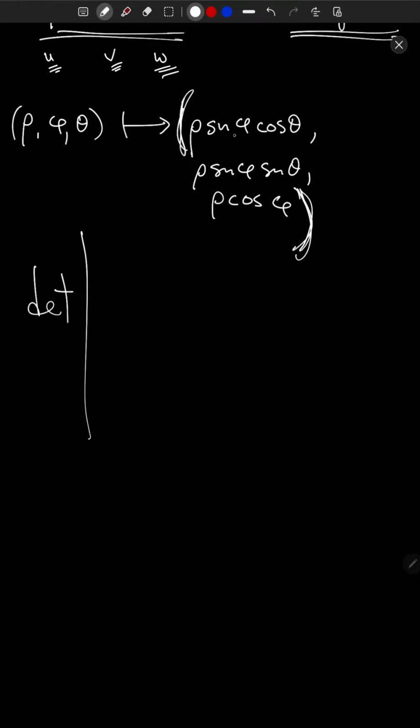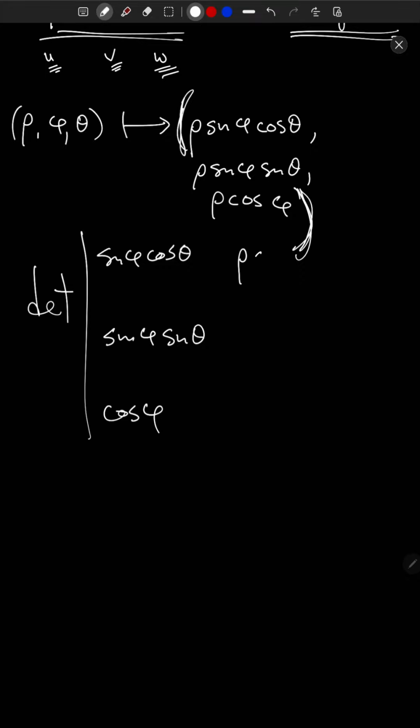The first column is the derivative of each of these with respect to rho: sine phi cos theta, sine phi sine theta, and cosine of phi. Probably a good idea actually to just pause right now and do it yourself and see if we get the same answers. It's probably more helpful for you, but let me do it as well, just in case you run into trouble. The next column is all three of these entries differentiated with respect to the second variable, which is phi.